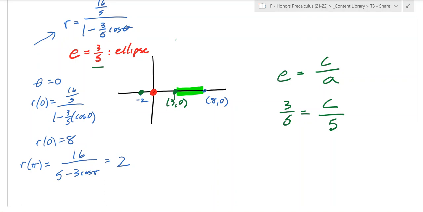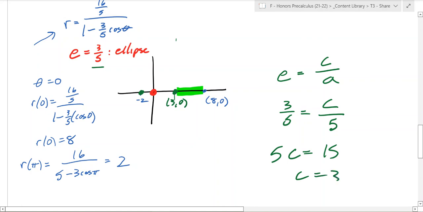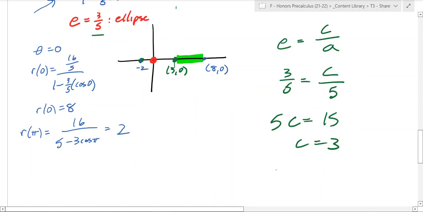So what that tells us in this case is 5c is equal to 15, so c is equal to 3. So for our ellipse, we know that c squared is equal to a squared minus b squared. So 3 squared is equal to 5 squared minus b squared.